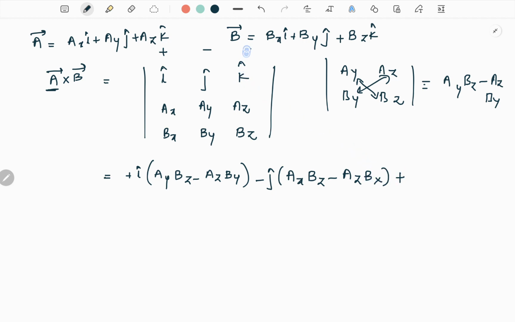Then write plus k cap, close the row and column containing k cap, and we have Ax By minus Ay Bx. So this is how we find the cross product of two vectors when they are given in terms of their components. We'll discuss some problems related to vectors later.